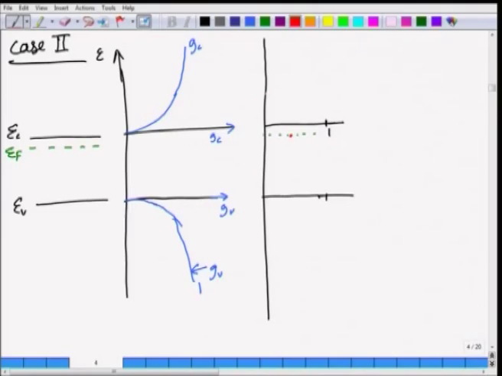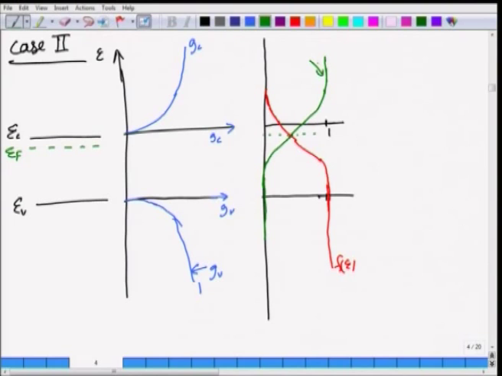So, this f of E curve now is going to shift a little bit towards the conduction band. It will become something like this. This is f of E, and 1 minus f of E will acquire half value also right here, and it will be exactly the mirror image of this. So, we can plot it something like this, becoming 0 right here.